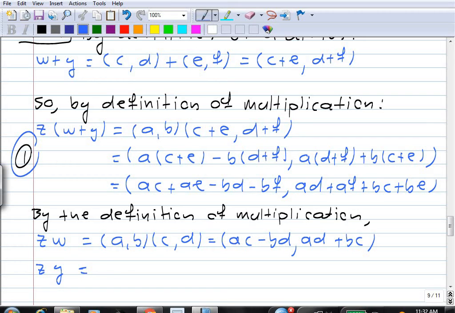And likewise for ZY, it's (A, B) and (E, F). We apply the definition of multiplication, which gives us (AE minus BF, AF plus BE).